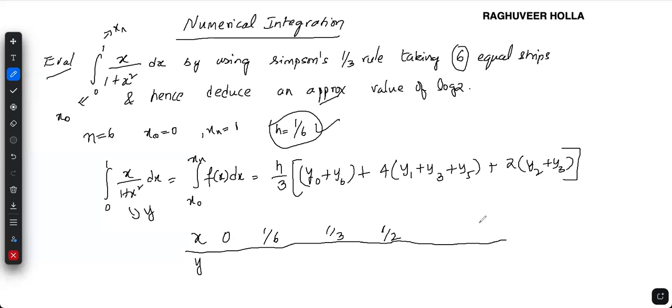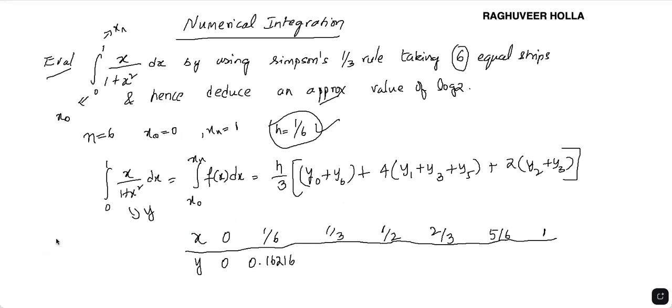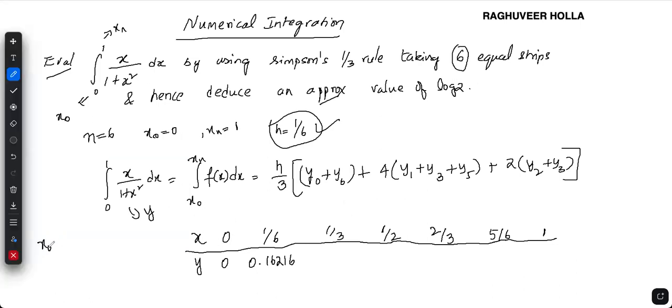So let us find this value. Please calculate it. You are substituting the x values in this function, starting with x0 to get y0: x0 divided by 1 plus x0 square, so the first one is 0.